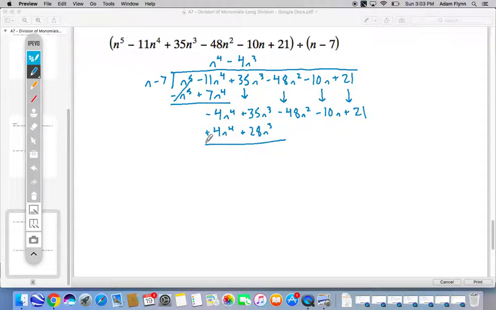So my 4n to the fourths cancel. Oh, sorry about that. I made a small mistake right here. Okay, negative 7 times negative 4n cubed is positive 28n cubed, but then you have to switch the sign, so it's negative. So 35n cubed minus 28n cubed is 7n cubed. I'll bring everything else down.